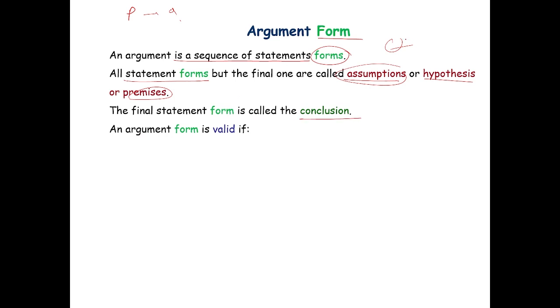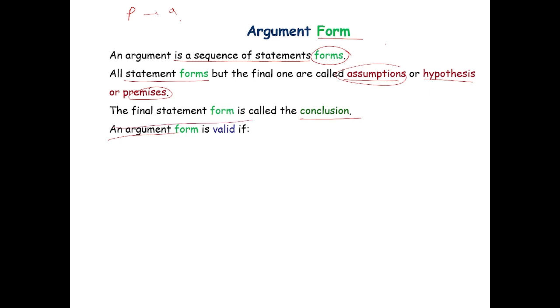Like in the implication, the implication was false when the hypothesis was true but the conclusion was false. But in this case, you have more than one hypothesis.